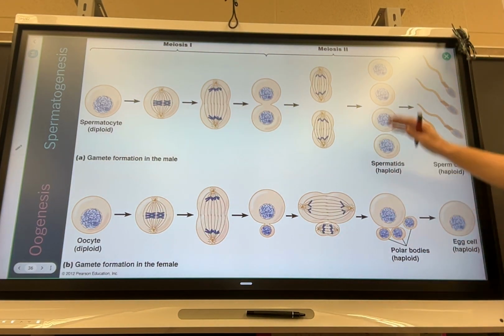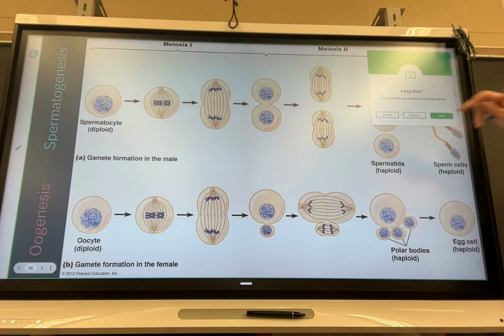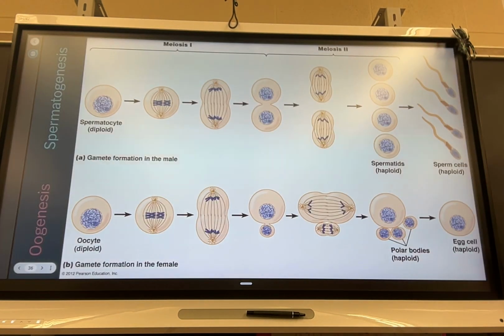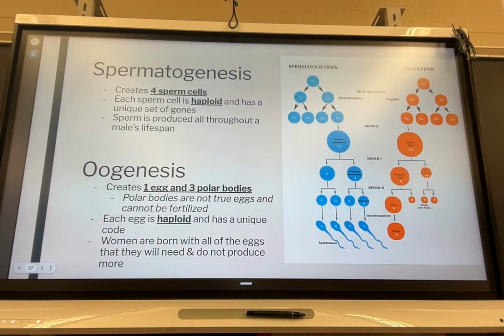So, in spermatogenesis, we are going to be creating sperm cells. In oogenesis, we are going to be creating egg cells. Those are our two gametes. In spermatogenesis, we are going to end up creating 4 sperm cells. So each one is fully functional.